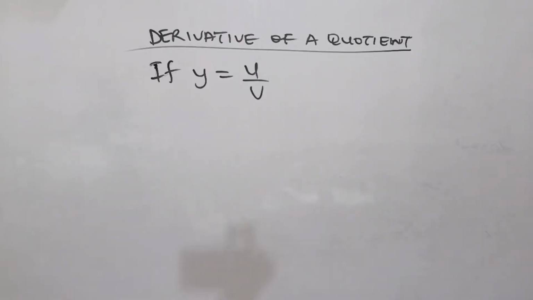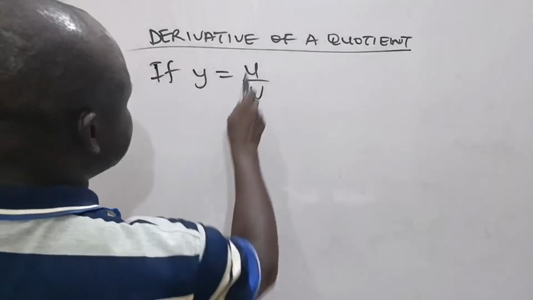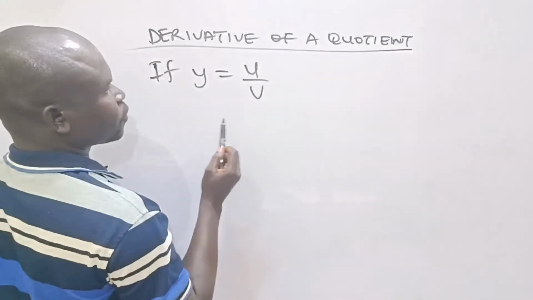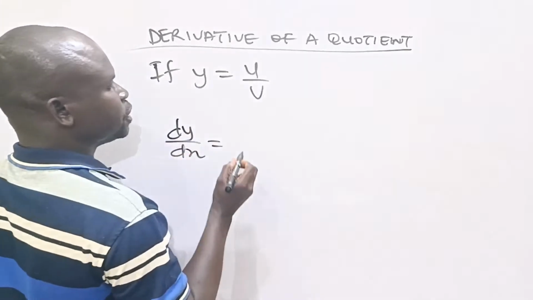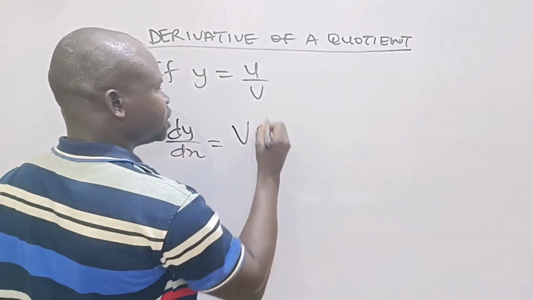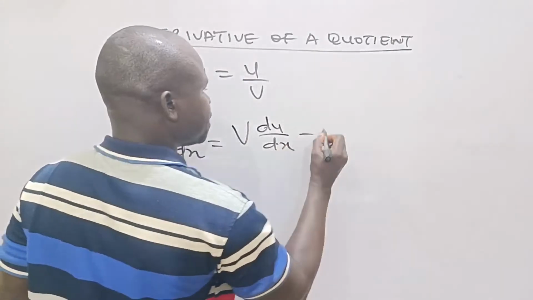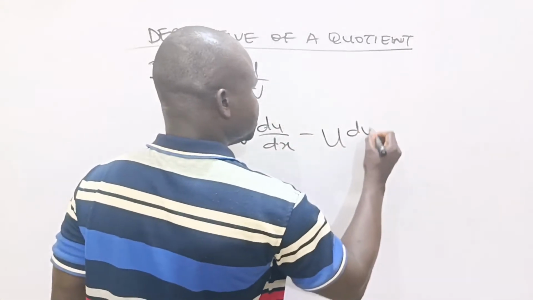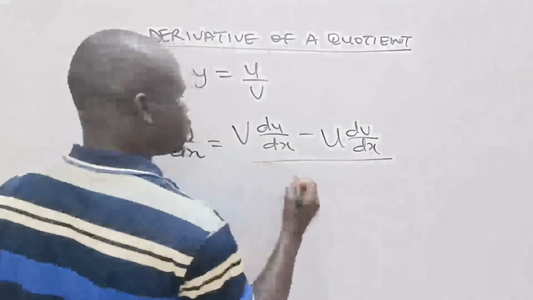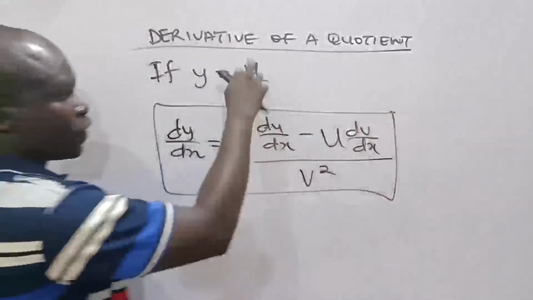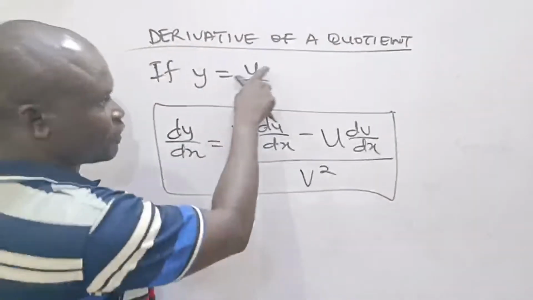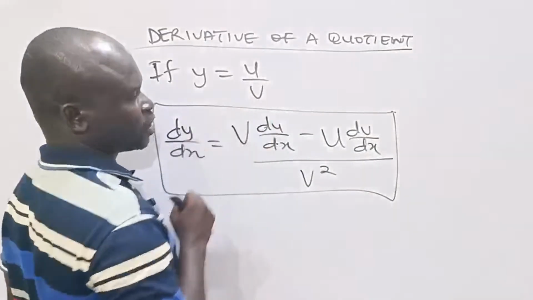So if y is equal to u over v, that is a quotient, a fraction, then the derivative dy dx will be v du dx minus u dv dx all over v squared. This is how to find the derivative of a quotient, where u is a function of x and v is also a function of x.